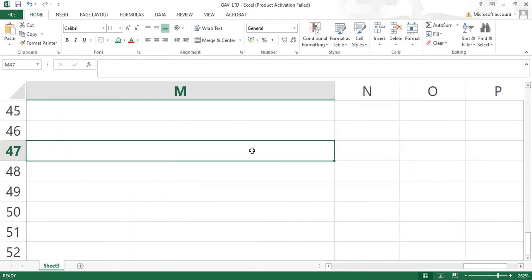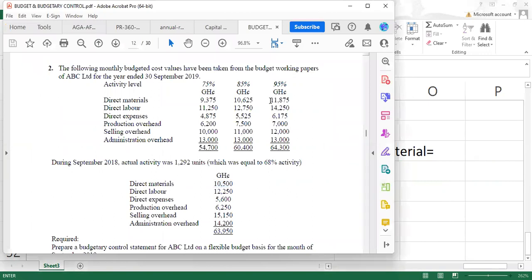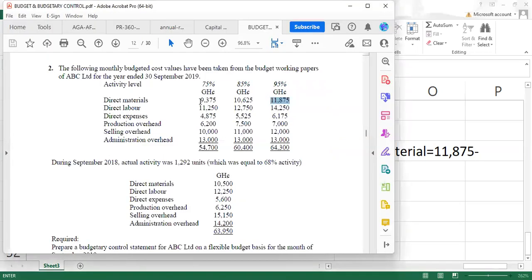So let's find the direct material cost per unit using the idea of high-low. The highest activity level is what? 95. And what is the cost? 11,875. Minus the lowest activity level. What is the cost there? 9,375. Okay.